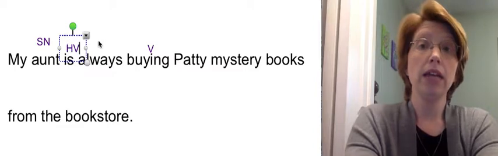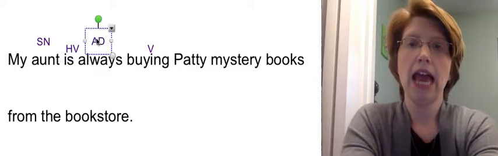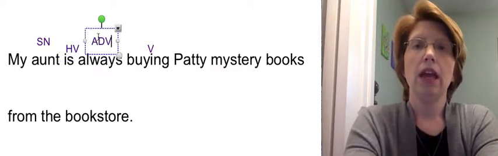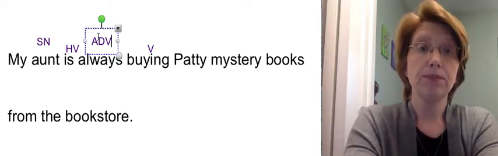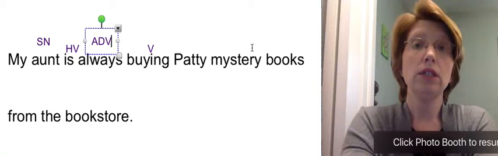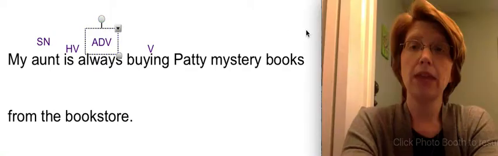Is buying when? Always, adverb. Aunt is buying what? Books, verify the noun. Is books the same thing as aunt? No. Books, direct object. Buying, verb, transitive. What kind of books? Mystery, adjective.